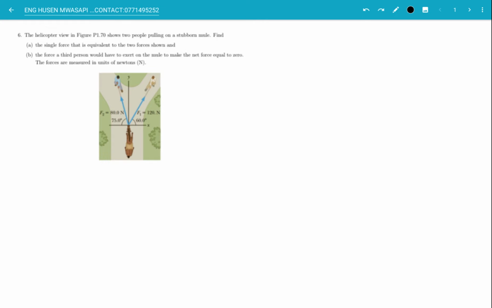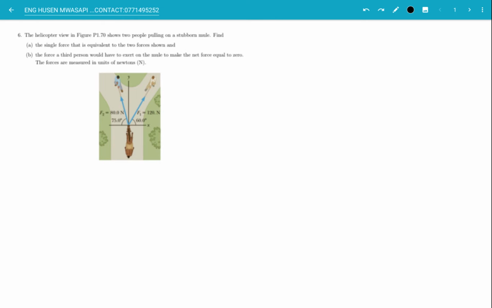They're asking us to find the single force that is equivalent to the two forces that are pulling, and then to find the force a third person would have to exert on the mule to make the net force equal to 0. The forces are measured in newtons, like we all know.